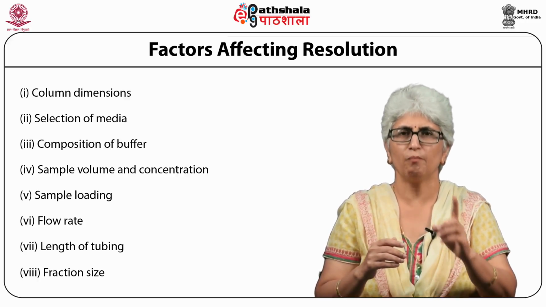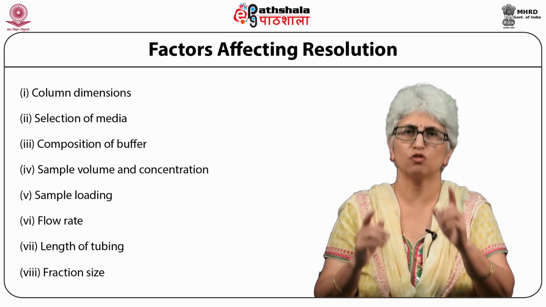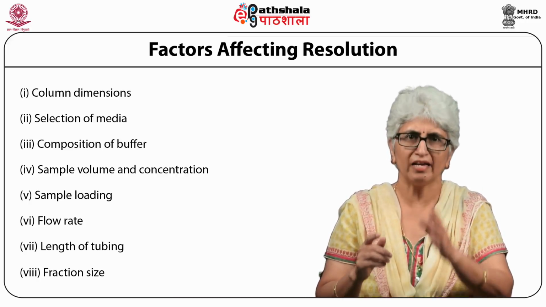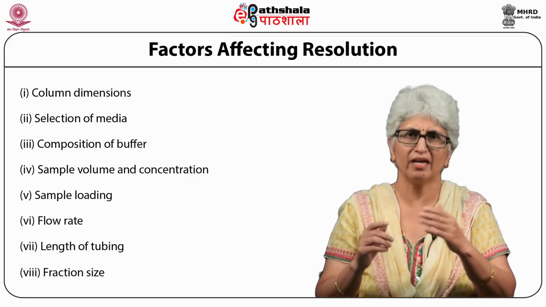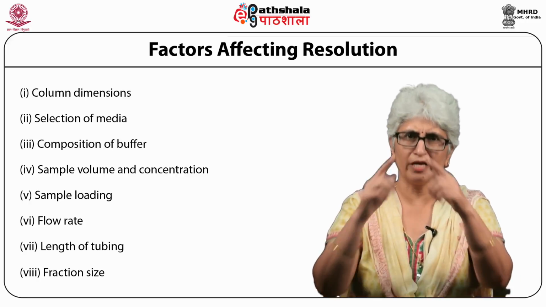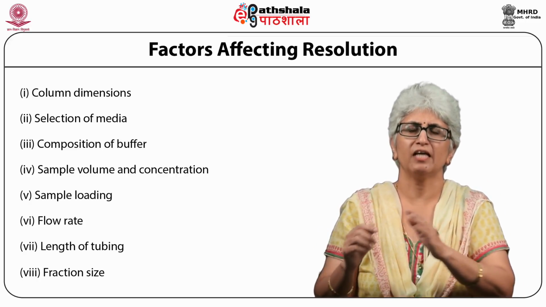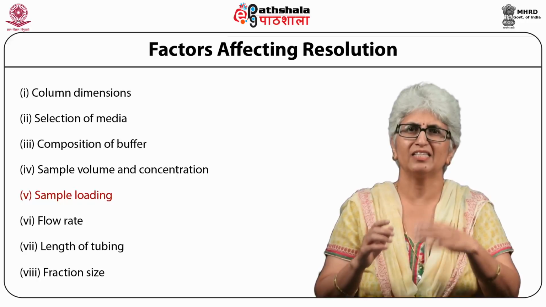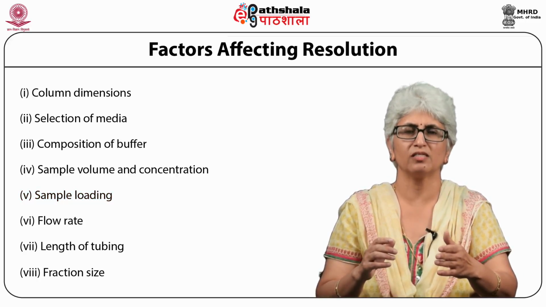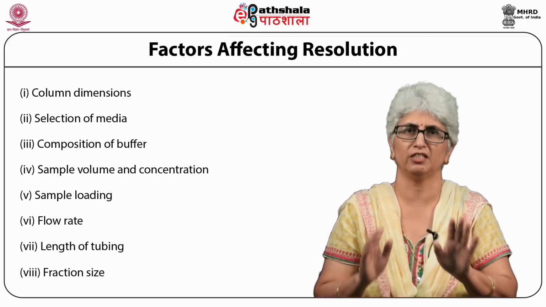The sample should be concentrated but not to the extent that solubility is disturbed. Highly viscous samples may result in poor separation and may lead to peak broadening due to irregular flow pattern. The sample should not be excessively diluted because it may get diffused and no separation will be achieved.